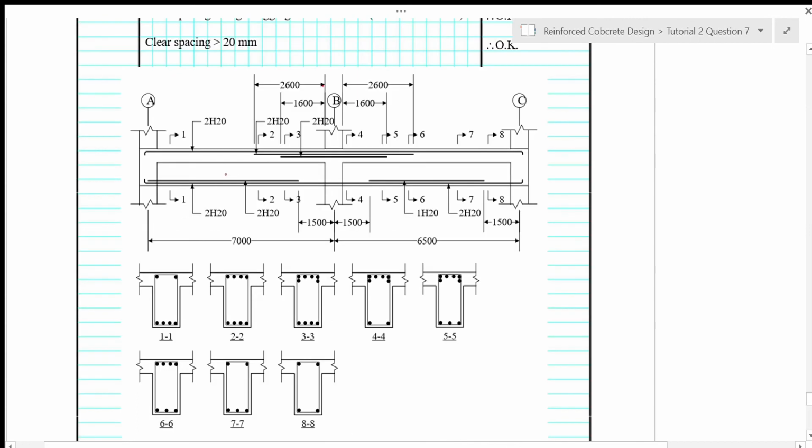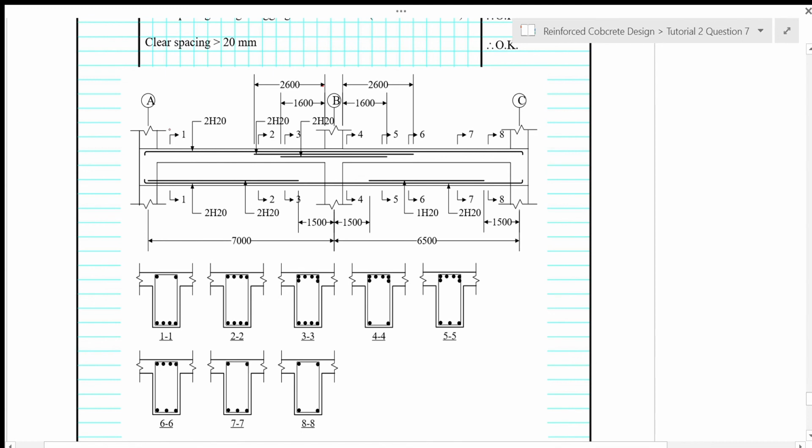So let us look at the span AB reinforcement, which has positive bending moment near the midspan. Here, there are 2 lines. It doesn't mean there are 2 layers of steel. You have to refer to the cross section to determine which are the 2 steel.